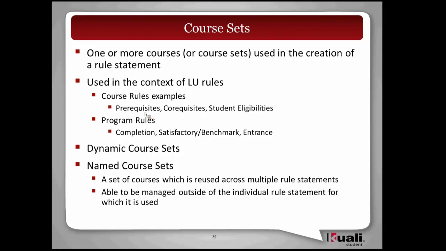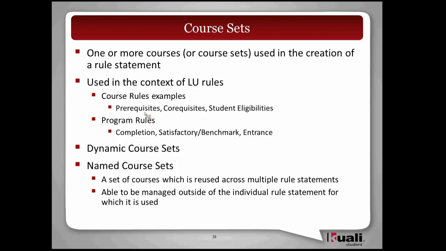We have different kinds of course sets. We have the regular course set, the basic one built for any rule that uses a combination. We also have dynamic course sets. These aren't based on objects you define, but on criteria you define.